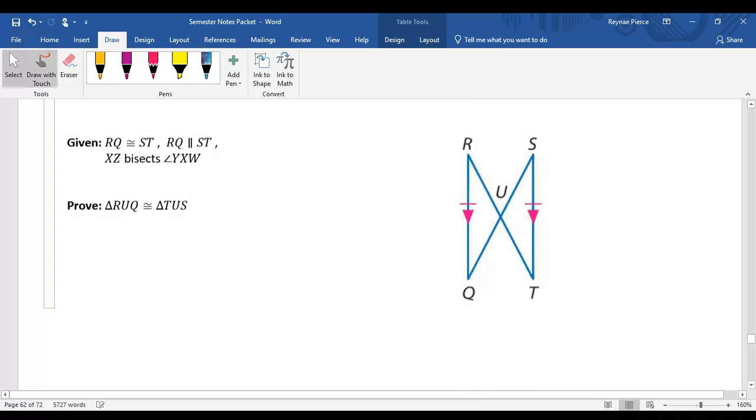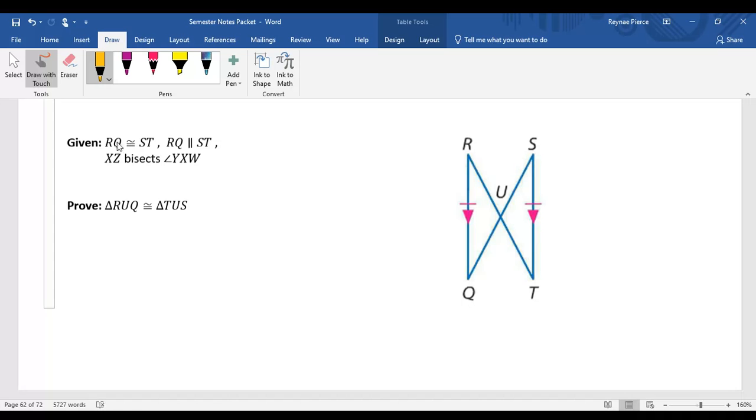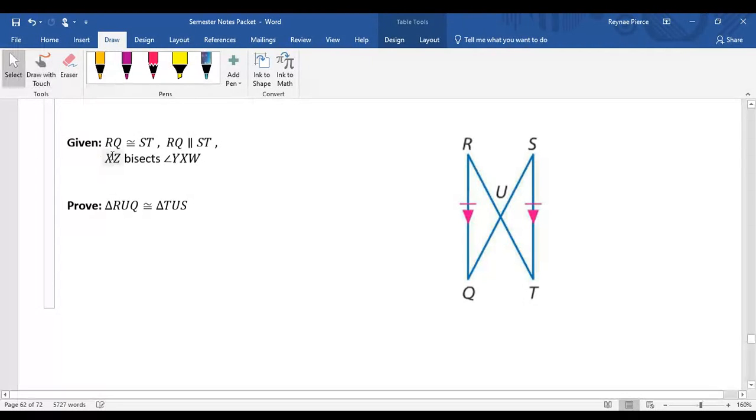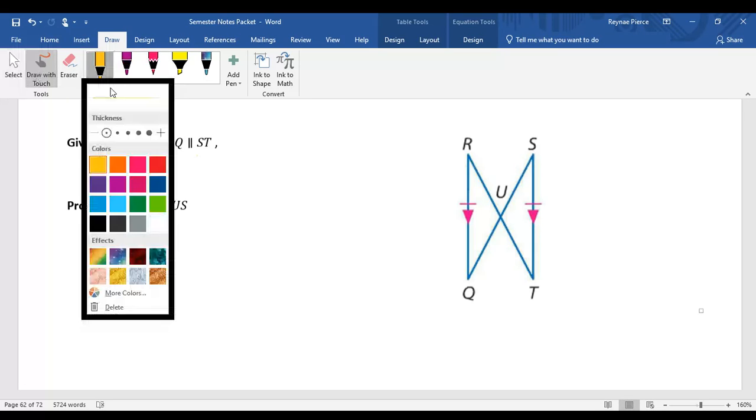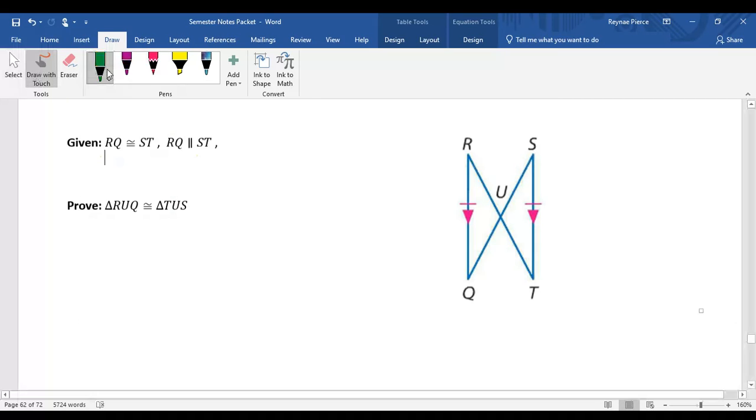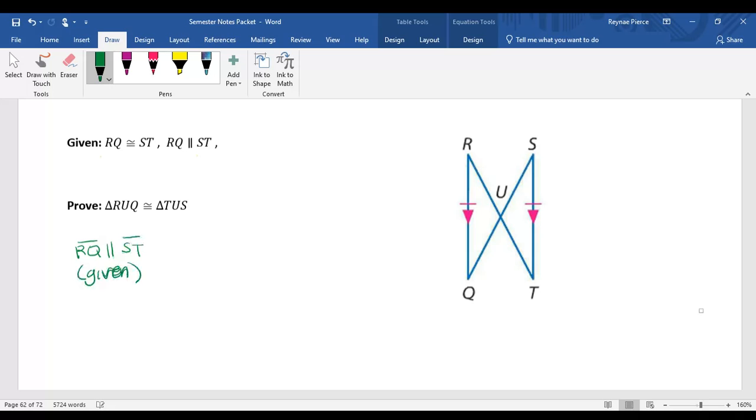Okay. And last but not least, we've got, first of all, ignore this. This is extra information. There's not even an X, a W, X, Y, or Z in the picture. Okay. But the information that we're given, we're going to look at RQ parallel to ST. Okay.